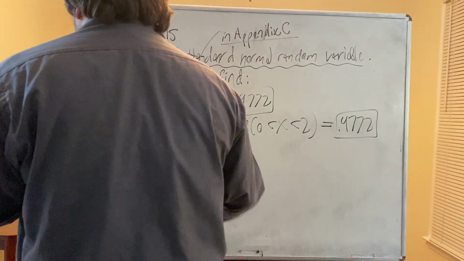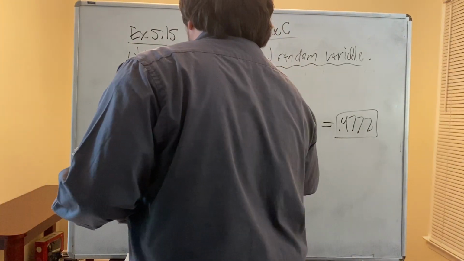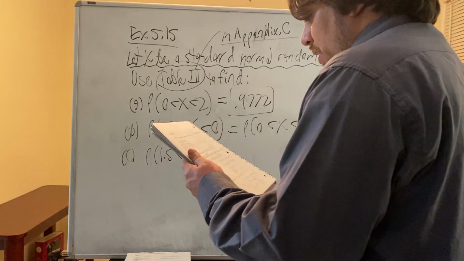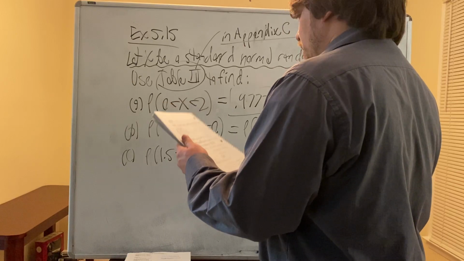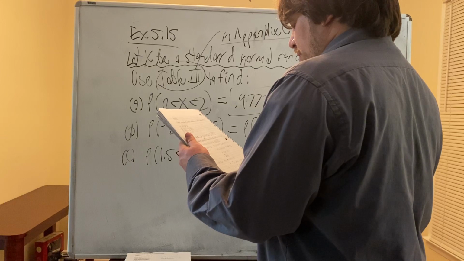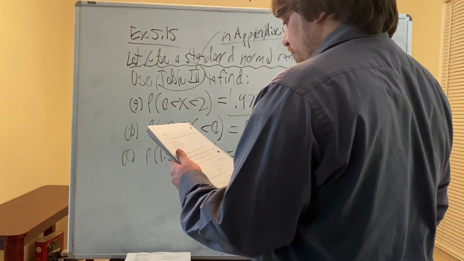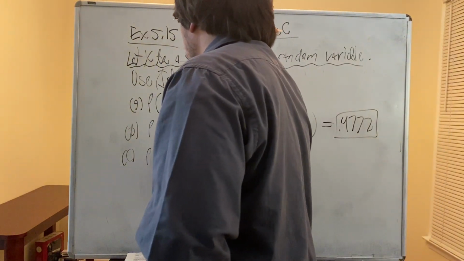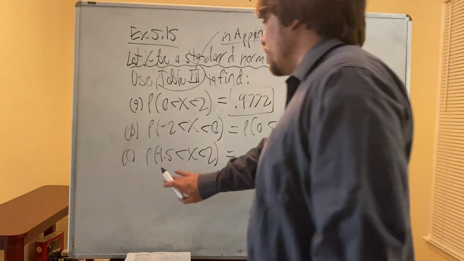C, the probability that -1.5 is less than x less than 2. There's a negative here, so it's probably -1.5 is less than x less than 2.